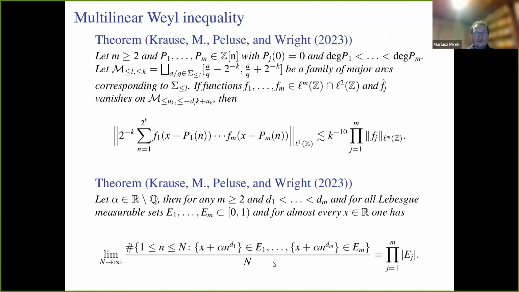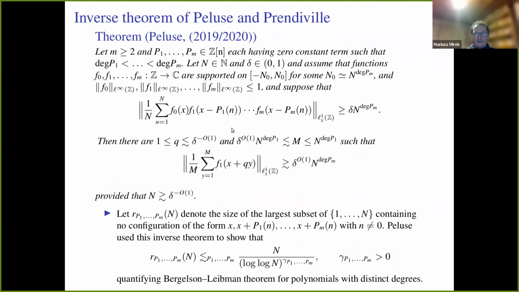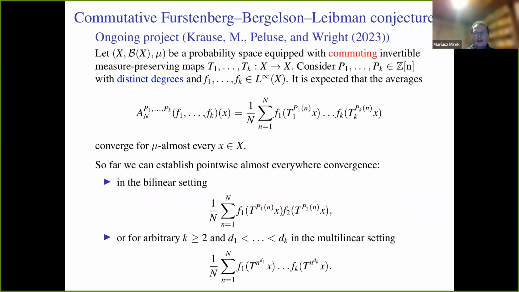And here the key tool, as before, is this multilinear Weyl inequality. Here it can be proven for all polynomials with distinct degrees. By the way, this inequality can also be used to deduce this bound in Peluse's theorem by using an argument of Bourgain, which was developed in 1988, I think, in his quadratic Roth theorem on the real line.